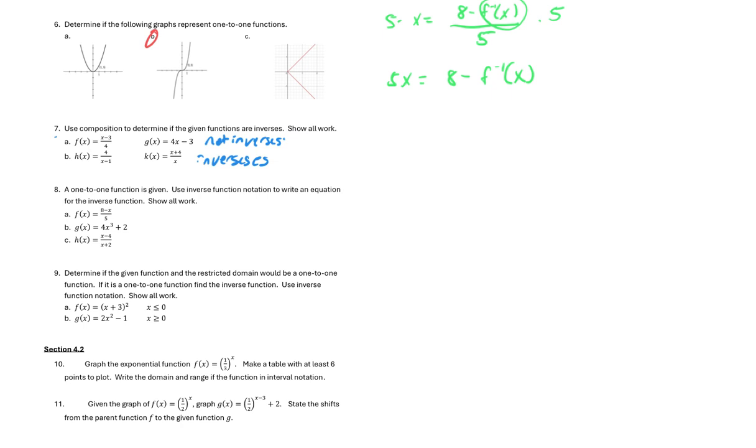Subtract 8 from both sides. I'm going to rearrange this. Now we're going to multiply everything by that -1. We'll get 8 minus 5x.